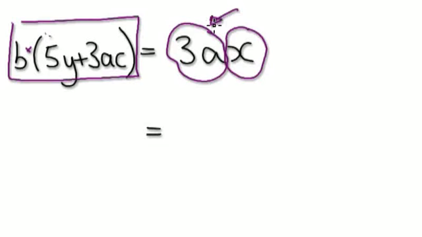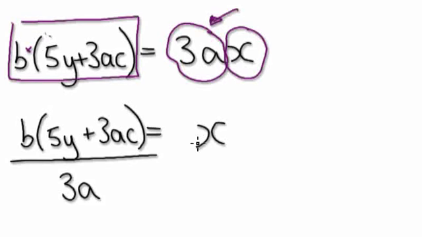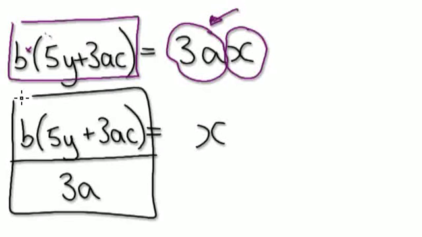So let's kill off this 3a. So divide both sides by 3a. So take that block down, which is this 5y plus 3ac, all divided by 3a. So x equals this.